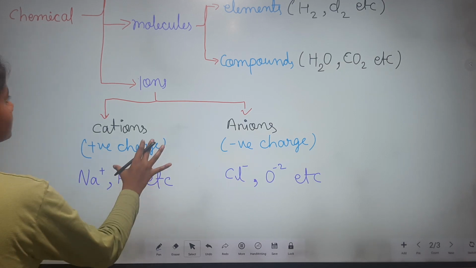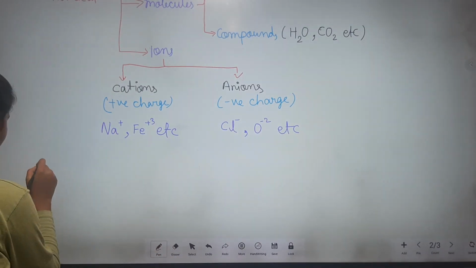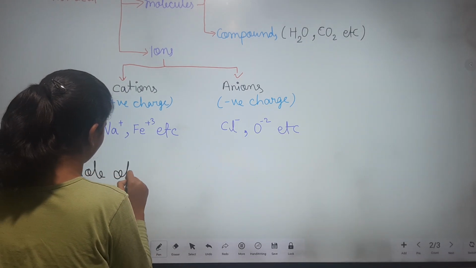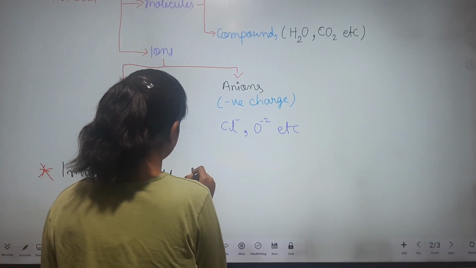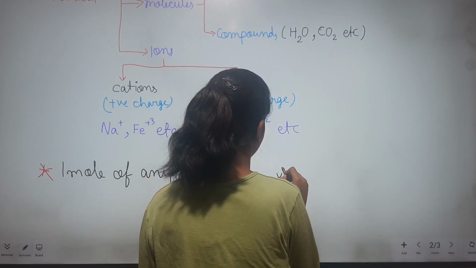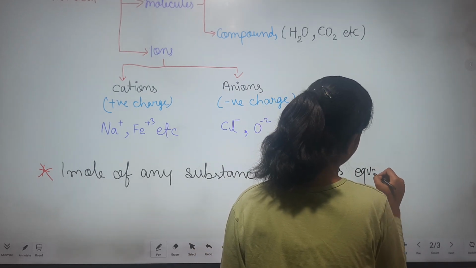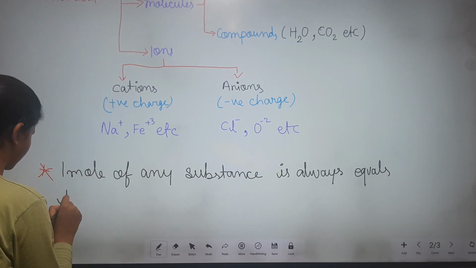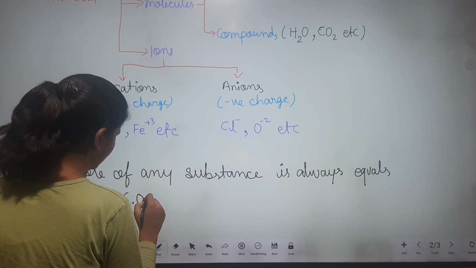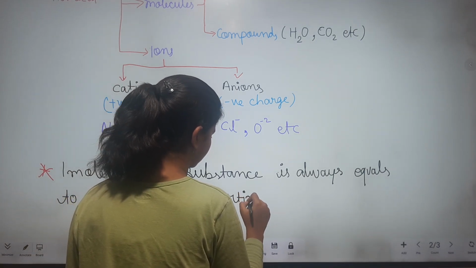Okay, so I hope you understand this. So let's see a point here: one mole of any substance is always equal to 6.022 into 10 to the power 23 particles.